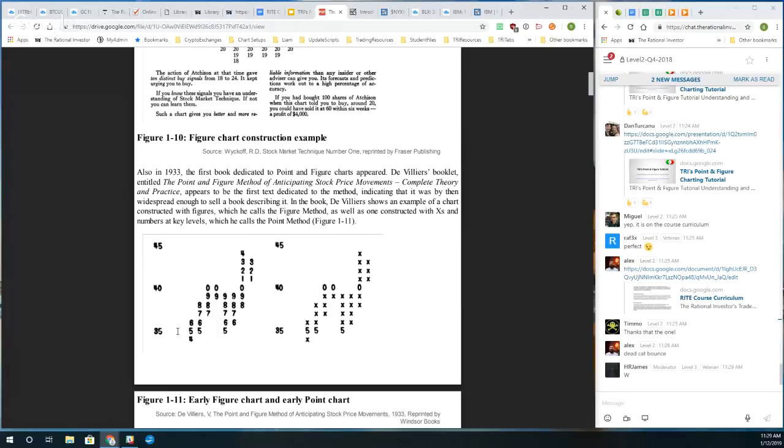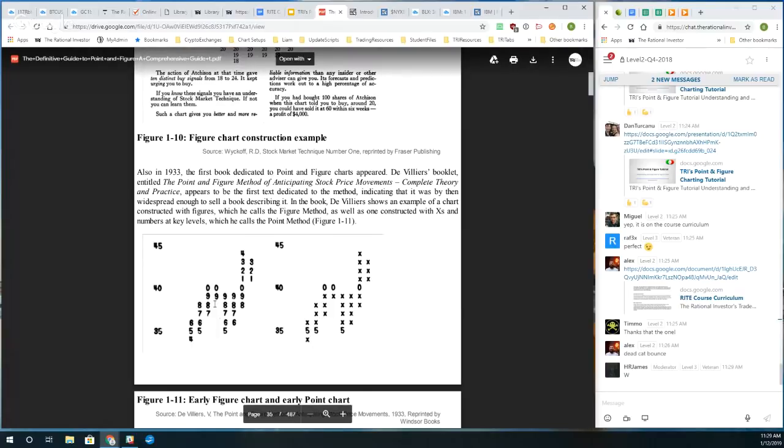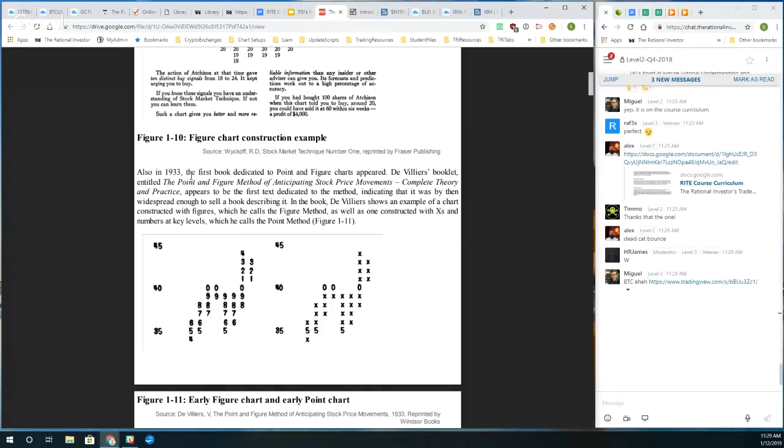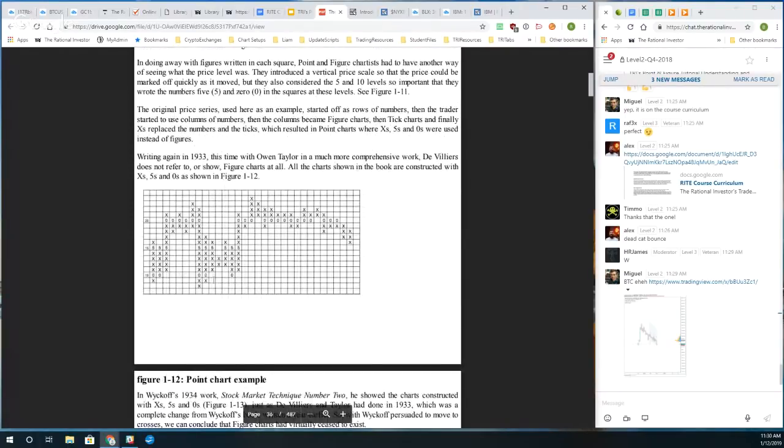Now, as you can see, over time, to try and make their life a little easier, and I'm not exactly sure who we attribute this to, it was general consensus that we note rising prices with simply an X, and falling prices with an O. So it made drawing these charts even easier.